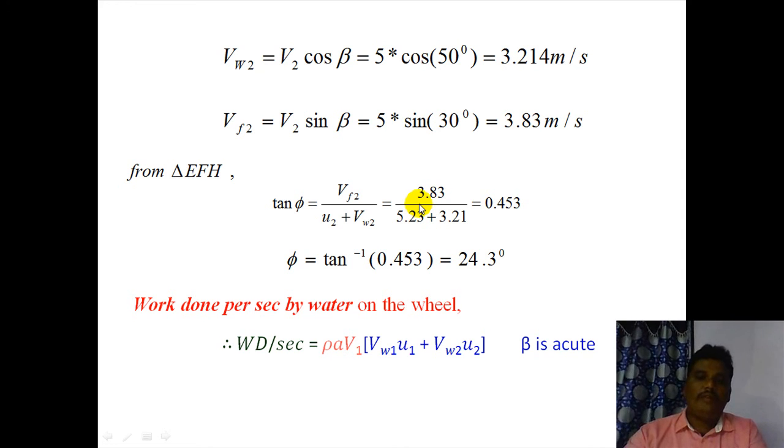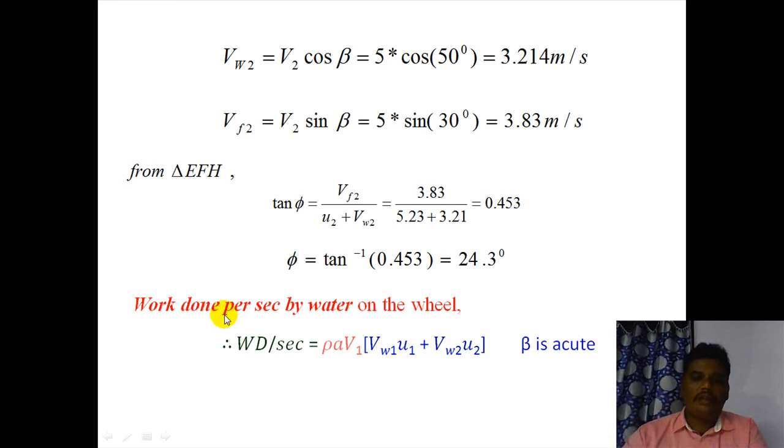VF2 is 3.83, U2 is 5.23, VW2 is 3.21. Phi is equal to tan inverse of 0.43. By calculation we get 24.3 degrees.